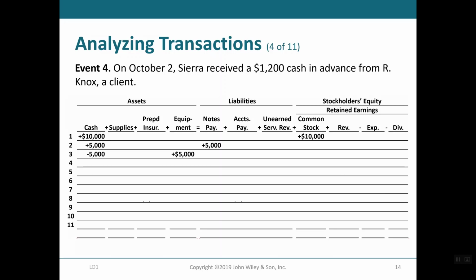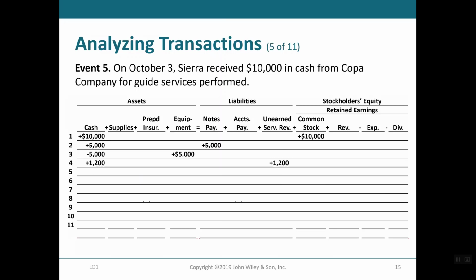So that's why we say cash in advance. So that's an increase in cash and assets, and also an increase in liabilities, which is your unearned income. So we see that here, increase in cash and increase in our unearned service revenue.